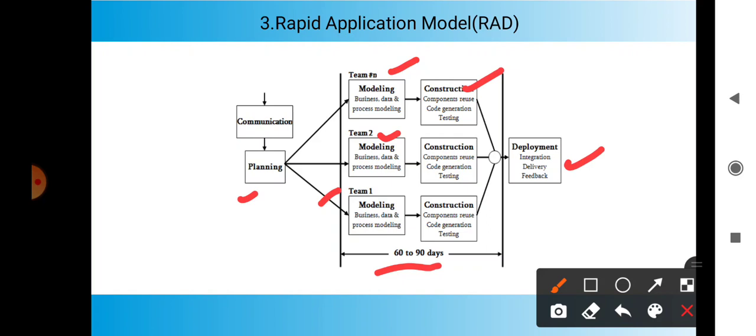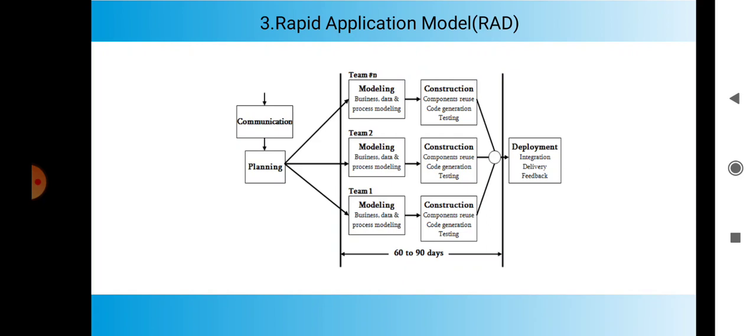Then construction. This includes the use of pre-existing software components and the application of automatic code generation. And last is deployment. Deployment establishes a basis for subsequent repetitions if required. If customers have some suggestions or modifications, then repetitions are also allowed in the RAD model.